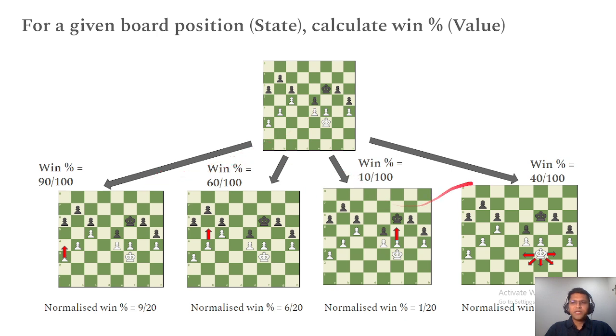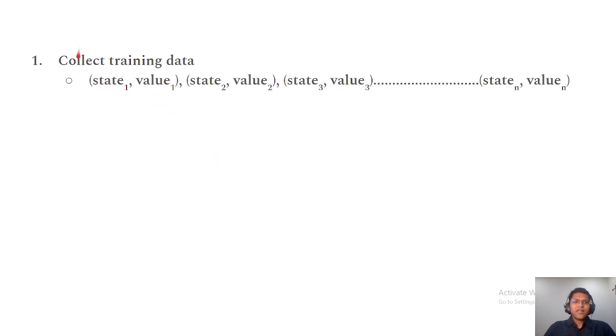These are all the win percentages, and what is the best move for white to move? Obviously we will select the position which is giving the better win percentage. In this case the rightmost position is the best move for the current board position here, right? Cool.